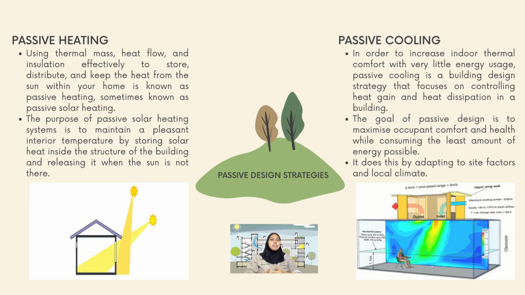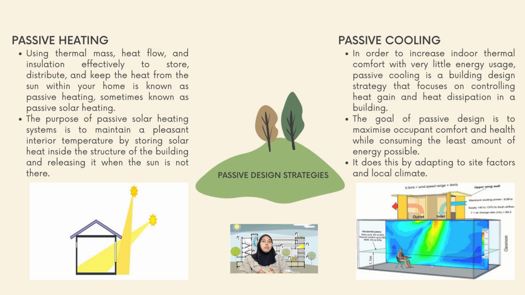Passive heating maximizes winter heat gain, minimizes winter heat loss, and concentrates heating where it is most needed. Many of the features that you need for passive heating design, for example orientation and thermal mass, should be designed into the home before it is built.